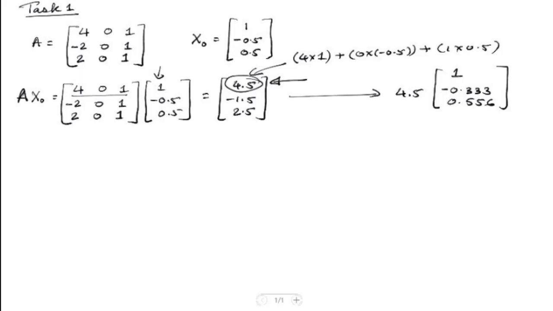For the second one, we have now got this x1 vector. So we'll multiply now A times x1.